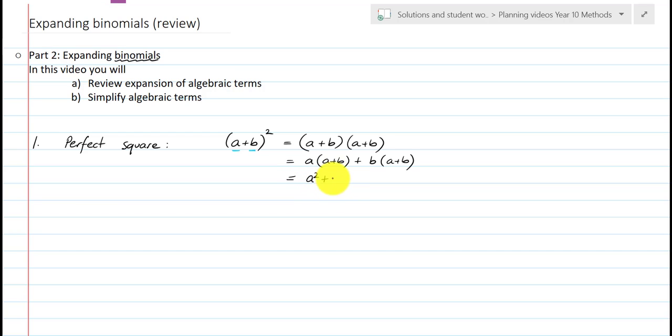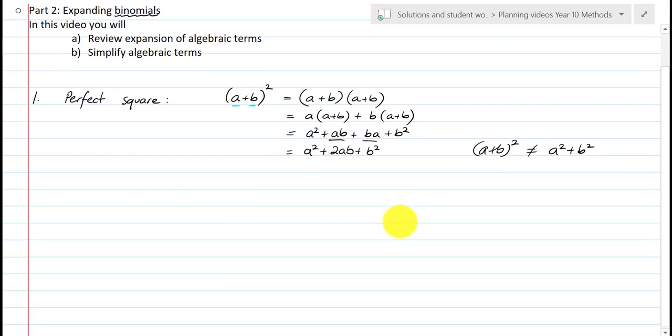We get a squared plus ab plus ba plus b squared. ab and ba are equivalent terms, so we get a squared plus 2ab plus b squared. Note, here's a real indication that (a + b) squared does not equal a squared plus b squared. And be careful not to fall into that pitfall. But there's our perfect square and our first example of expanding double brackets or binomials.